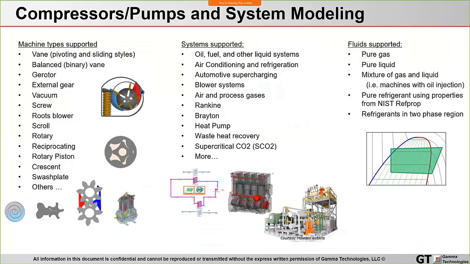Now, when it comes to compressors and pumps and also system modeling, to give you some perspective on what GT Suite can support, you can see starting on the left-hand side here, we support many different types of machines.